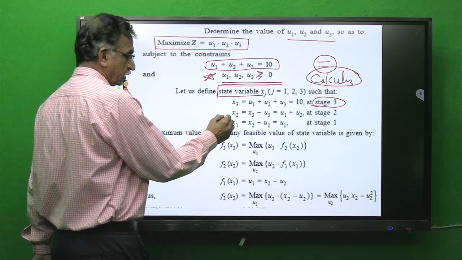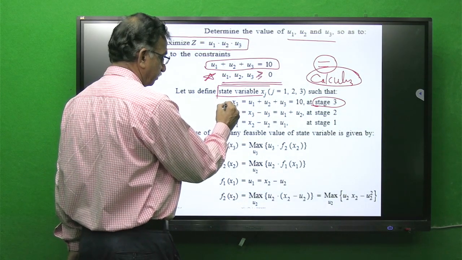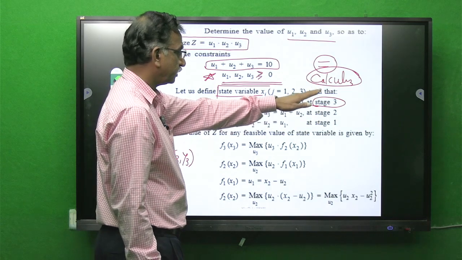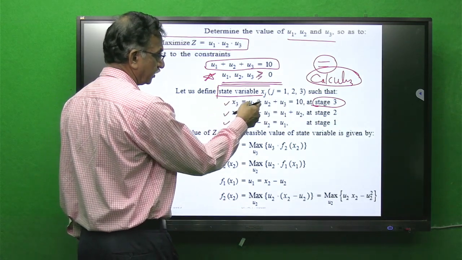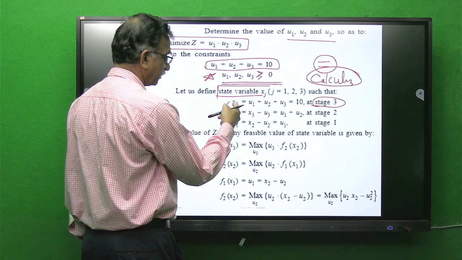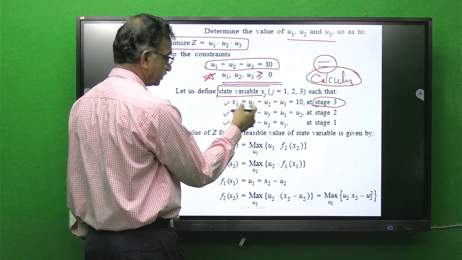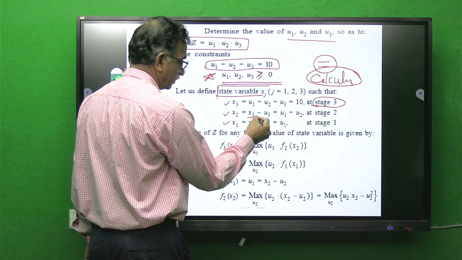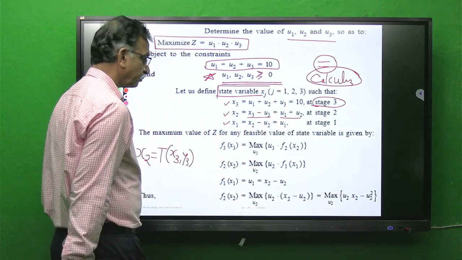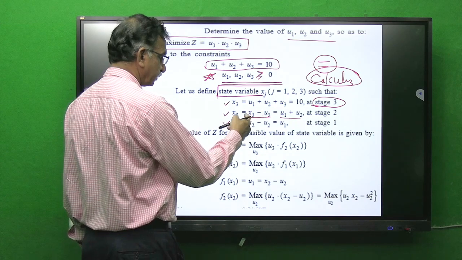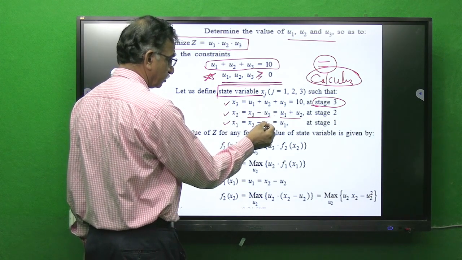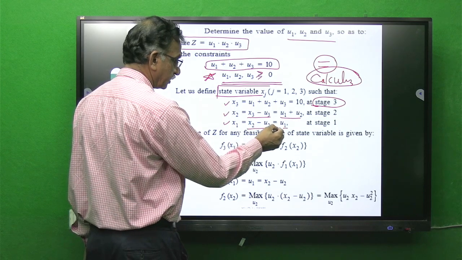So likewise we find the first, second, third variable for different stages. So x2 is obtained by subtracting u3 from x3, and ultimately what you get? u1 plus u2. Similarly, x1 is obtained by subtracting u2 from x2, like that, and you get this x1.